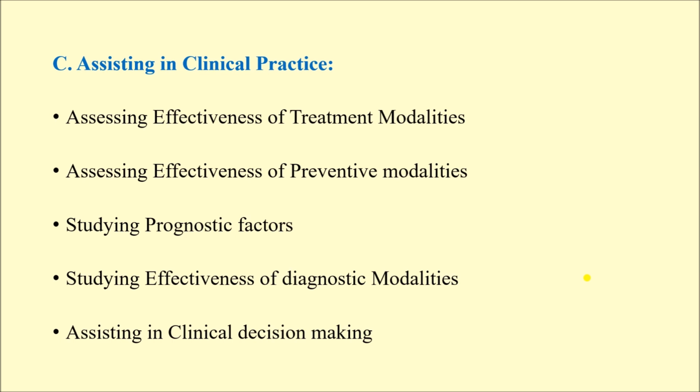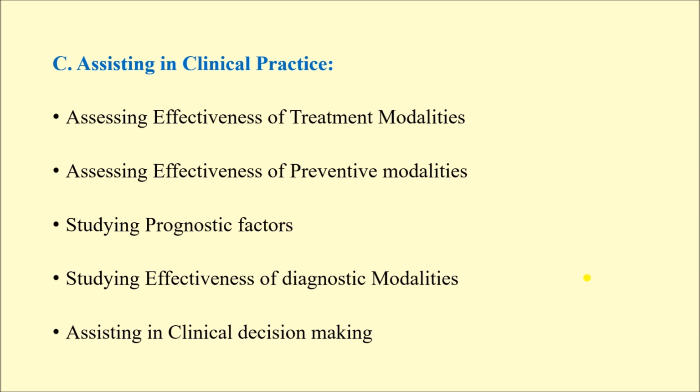Studying prognostic factors. What is a prognostic factor? That means presence or absence of some factors in a patient or in a case can actually influence the outcome of the disease, right?